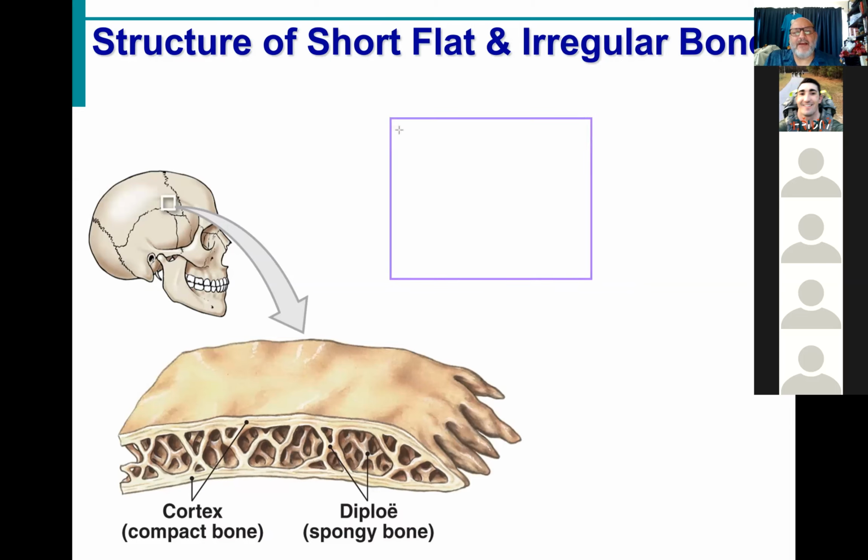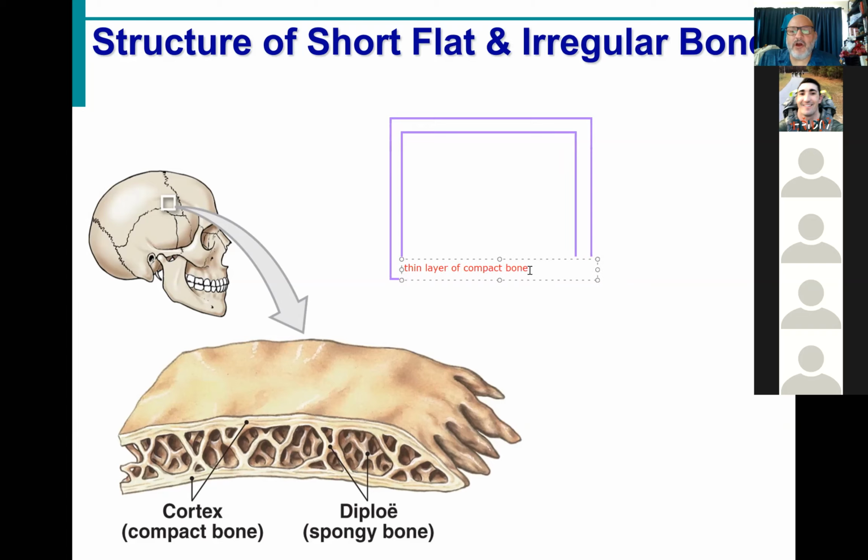A short bone, as we can see with our flat bone, has a thin layer of compact bone. This thin layer of compact bone forms the entire outside of it.